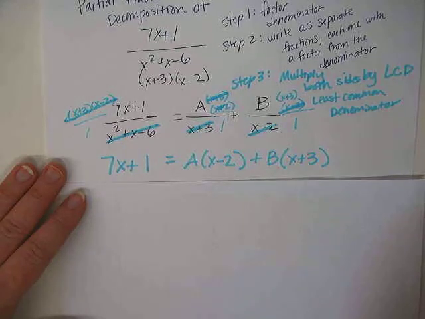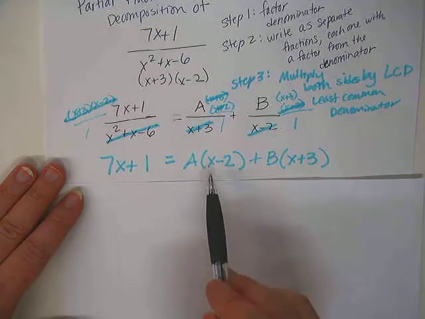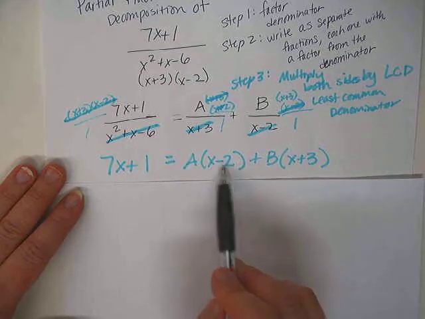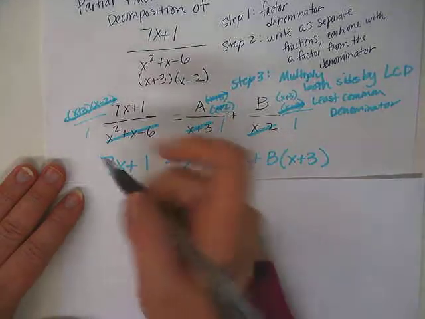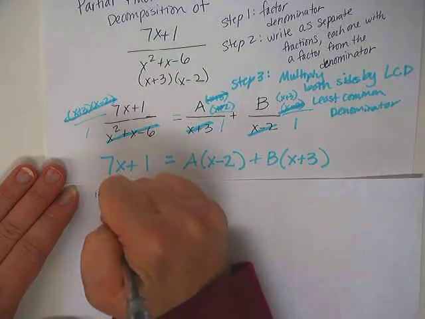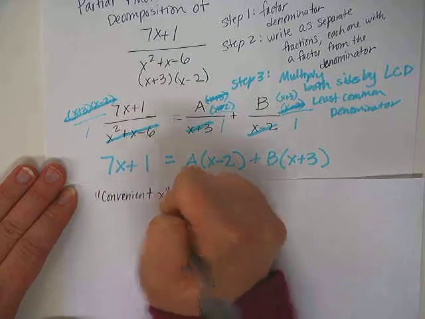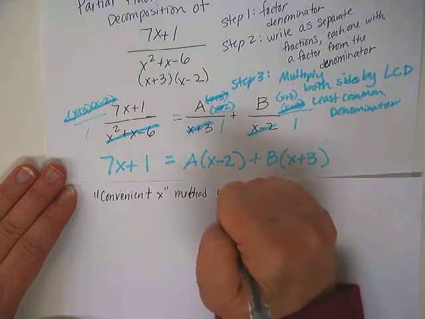So is there a number we could choose for x that would conveniently get rid of x and get rid of either A or B? Because we can't solve for more than one variable at a time. 2. Alicia's thinking 2. Why, Alicia? If you plug a 2 into here, you get 2 minus 2, which is 0, and that cancels out A. Very well done.